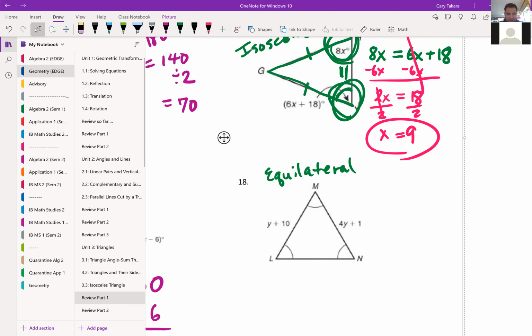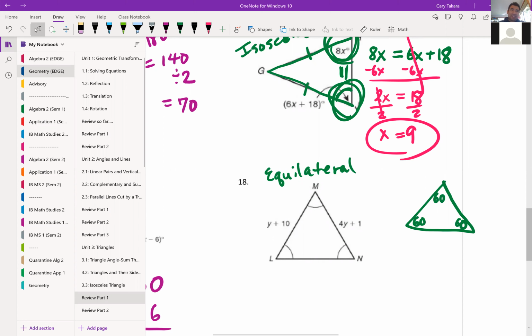Now we need to solve for, now what do we know about an equilateral triangle? We had two properties. First of all, each angle is going to be 60 degrees. They're all equal. Basically, an equilateral triangle is what you might call a perfect triangle.